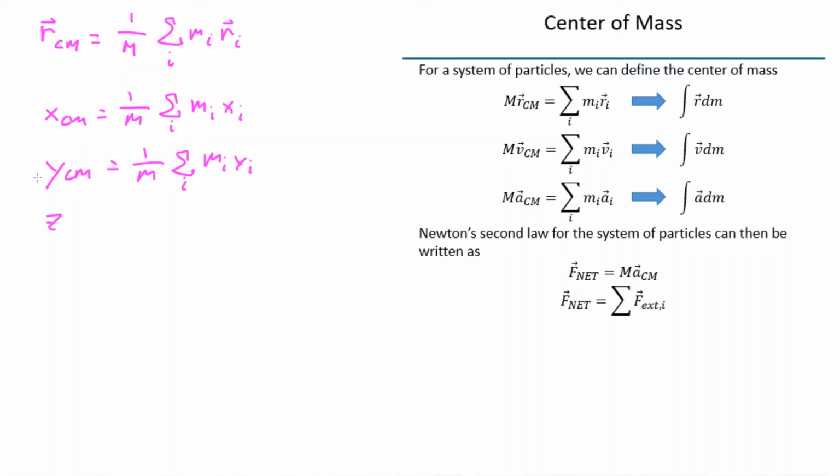And I also, in 3 dimensions, have a z center of mass, 1 over M sum over i of m_i z_i. Okay, so for a collection of masses in 3 dimensions, I can just generalize this concept of position of center of mass to a 3-dimensional position of the center of mass.